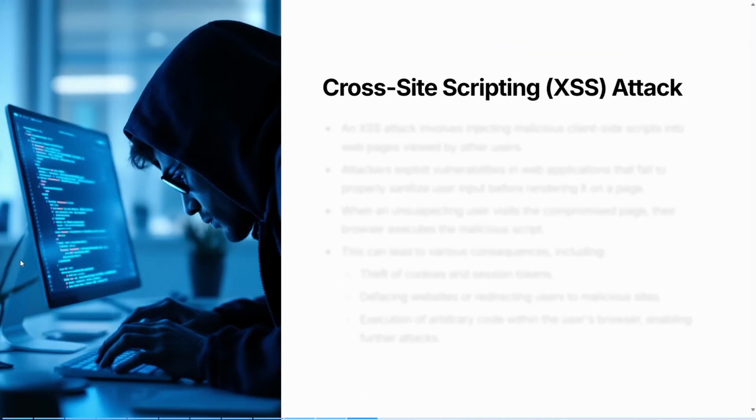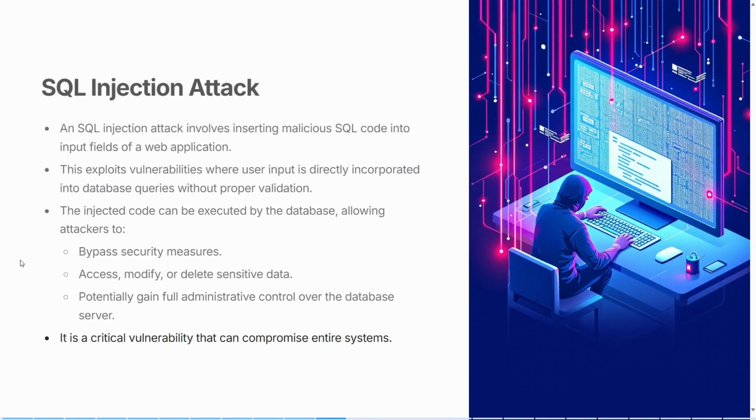That is compared to one that you may get confused between these two, cross-site scripting attack. So a cross-site scripting attack involves injecting malicious client-side scripts into web pages viewed by other users. Now the key here is, if we go back to SQL injection, the code is being read by the database, and the database is returning some sort of information to that hacker.